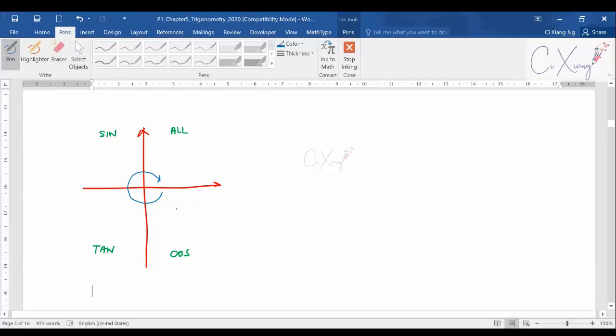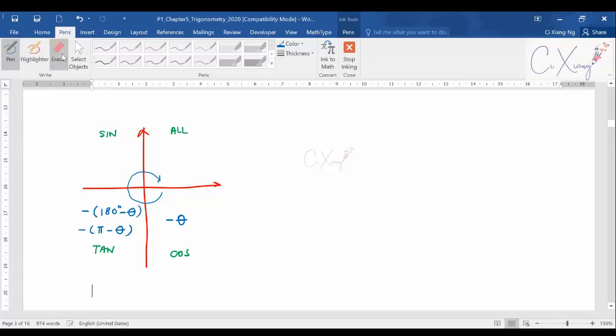Just that when you measure the angle in the clockwise direction, or negative angle, generally you will start from the fourth quadrant first. For the fourth quadrant, the angle is negative theta, that means negative basic angle. For the third quadrant, it is negative 180 minus theta, or you can write negative pi minus theta in radians.